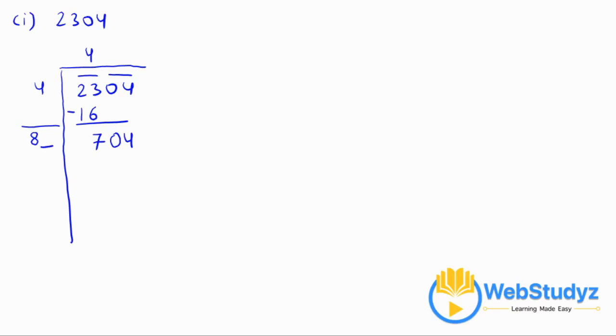So now we have to check which number, by multiplying, will give us 704. We guessed that if we take 8 and quotient as 8, multiplying 88 by 8, we will get 704. So subtracting it, we will get 0.